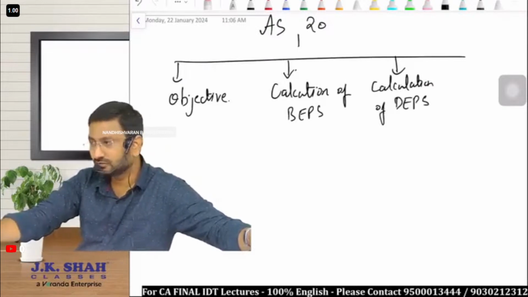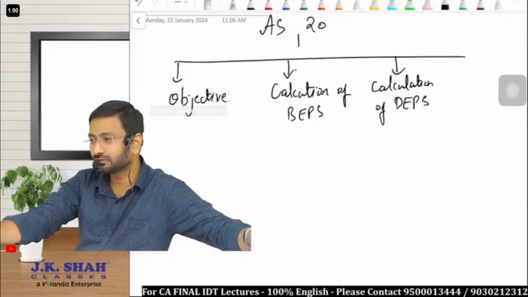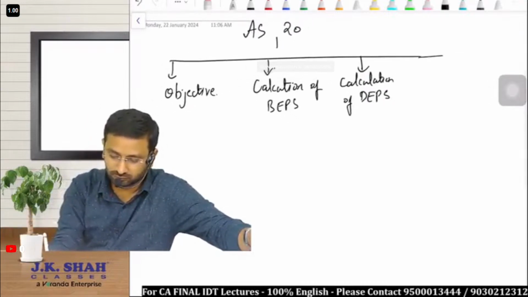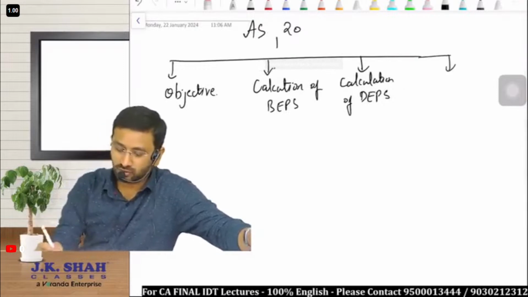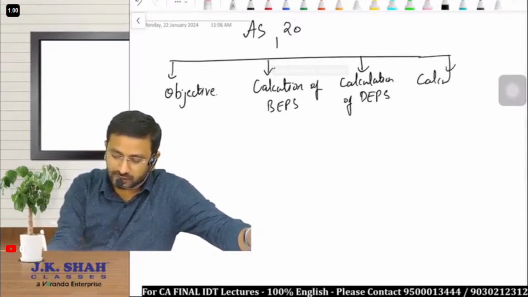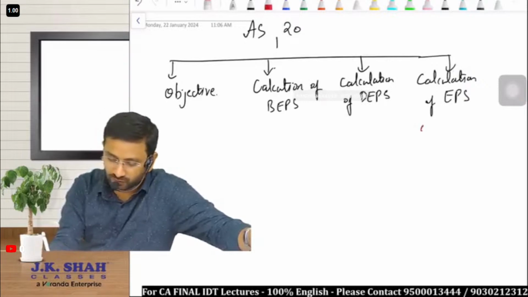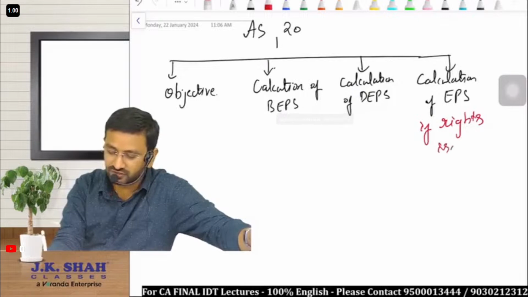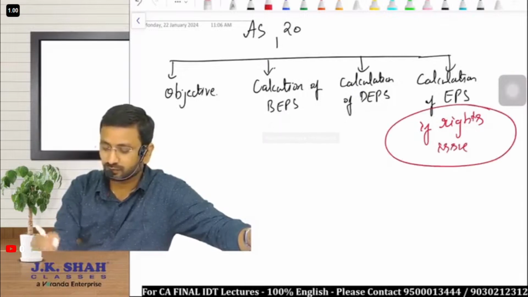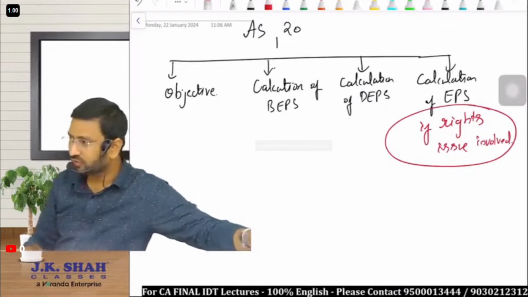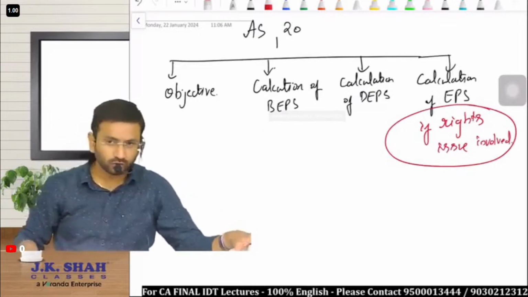We call DEPS, diluted earnings per share. Last one, calculation of EPS if rights issue of shares is involved. That's it. This is what you'll be learning.